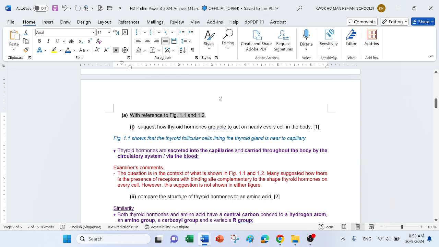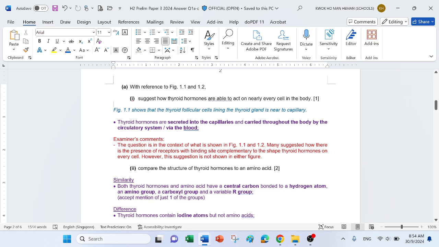To suggest how the thyroid hormones are able to act on nearly every cell in the body, let me look at a wrong answer first. Many of you suggested the presence of receptors that the thyroid hormones are specific to in all the cells.